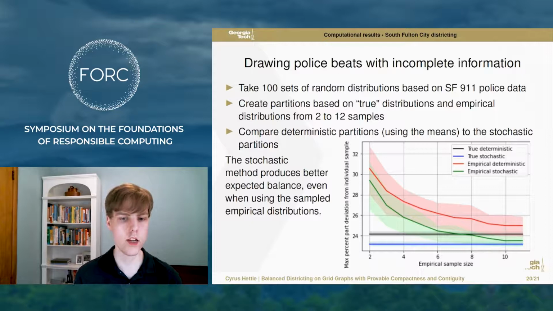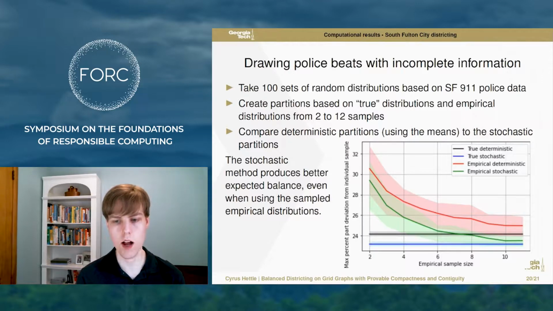They are evaluated by the maximum percent deviation from the average, so we want this to be smaller for better balance. We can see that the stochastic methods in green and blue outperformed the deterministic methods in black and red that just look at the average and disregard the variance in the rest of the structure in these random distributions.